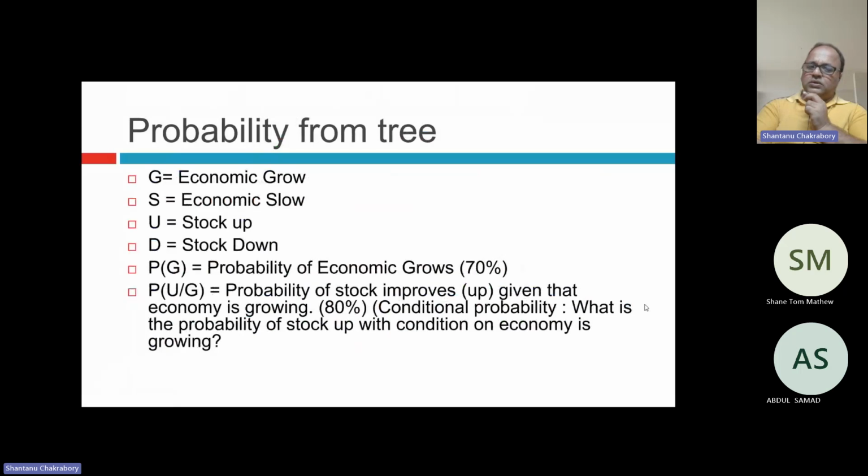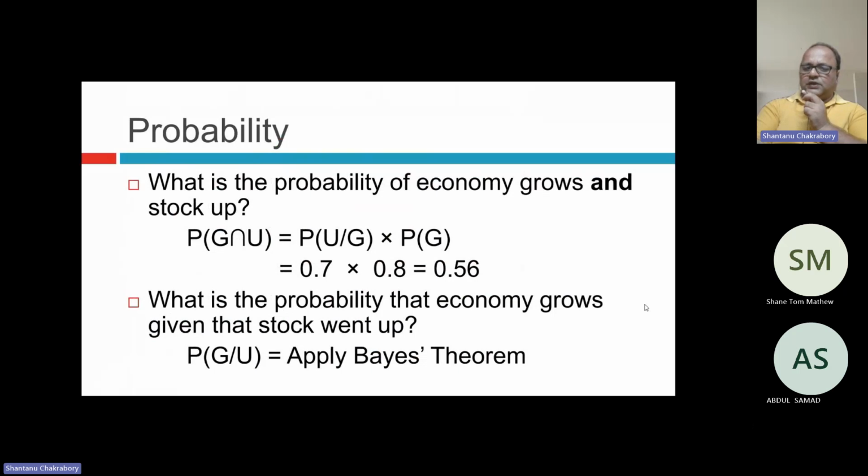So the economic growth is event one. Economic slowdown is event two. Stock going up, stock going down, depending on the economic growth. So if the probability of economic growth is 70% and above, then the stock prices go up. Otherwise, they go down. Now we calculate the probability of economic growth and the stock going up.